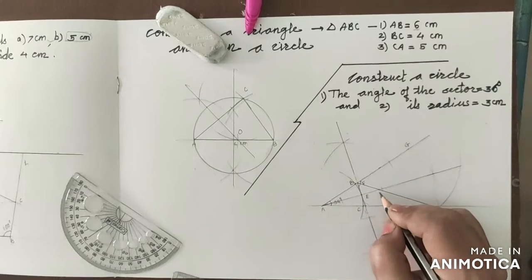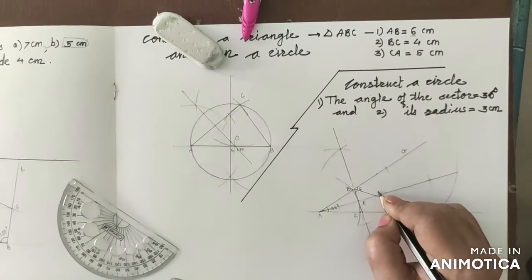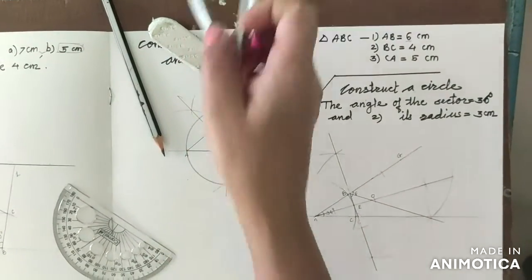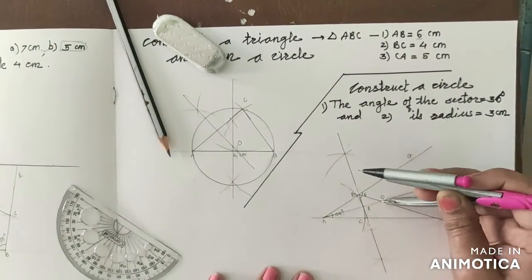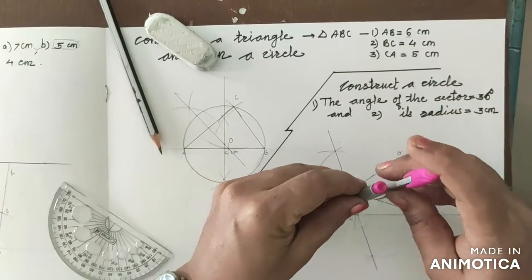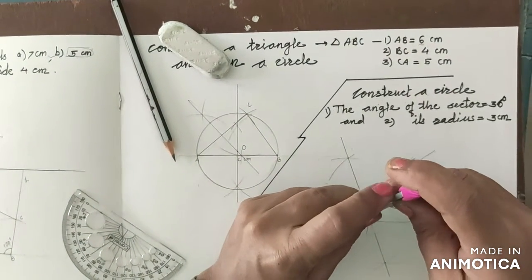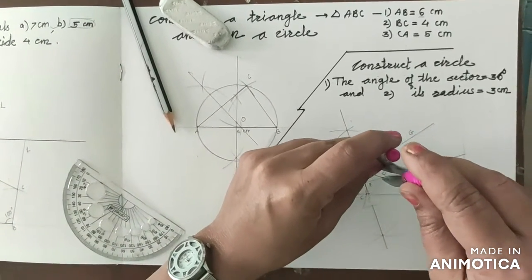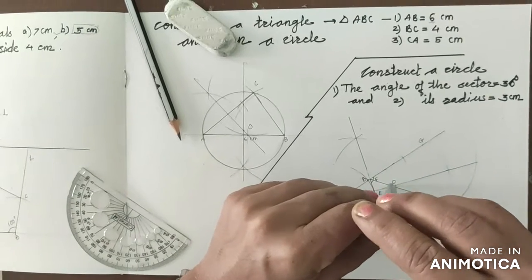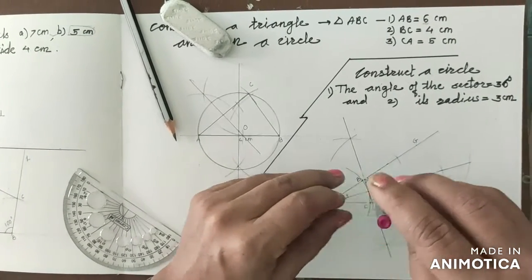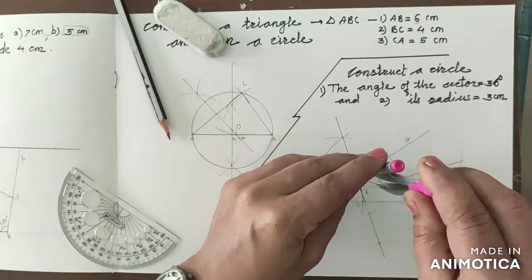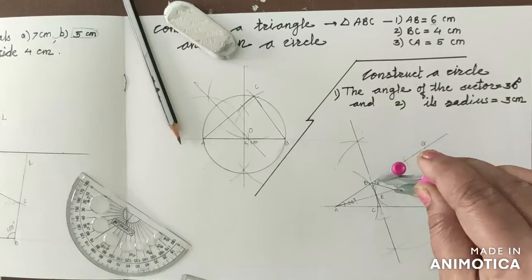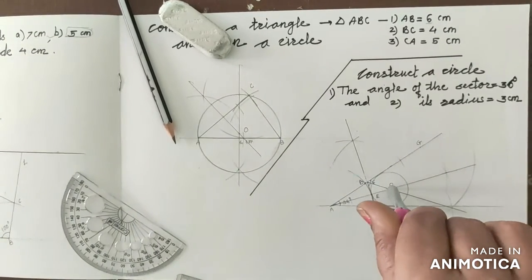This is E, and this one, let's give name O. So taking that much distance only, OE, we can draw a circle.